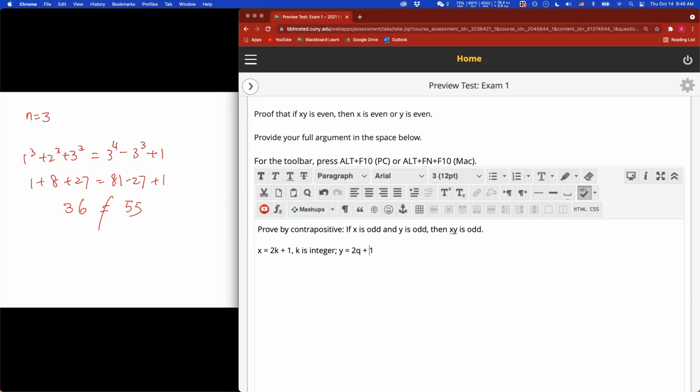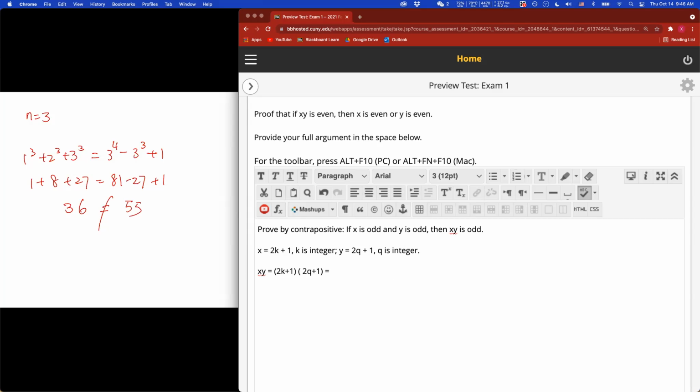You need to change your variable, so you need to use a different variable for x and y. And q is also an integer. Then you want to show x times y is odd, so you will multiply 2k plus 1 with 2q plus 1.